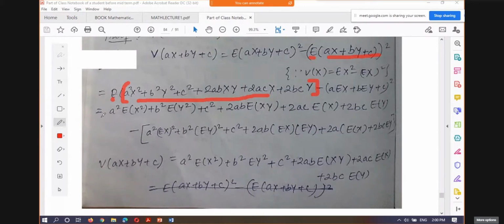So a square is constant, so it will be out, and expectation of x square. b square is constant, expectation of y square. c square does not have any variables, so c square. 2ab is constant, so expectation of xy. Here 2ac is constant, so 2ac expectation of xy.